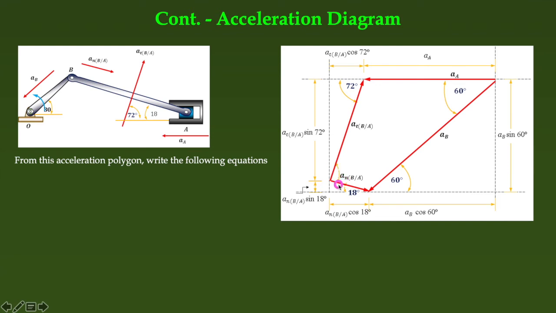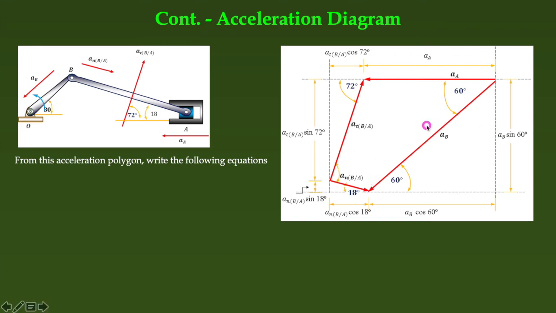AA is in the horizontal direction, so this is horizontal, and the AB is along the BO direction. This is the BO direction, just parallel to this link. Here it is 30 degree. So for this link the angle is given. Now we have drawn the entire acceleration diagram.